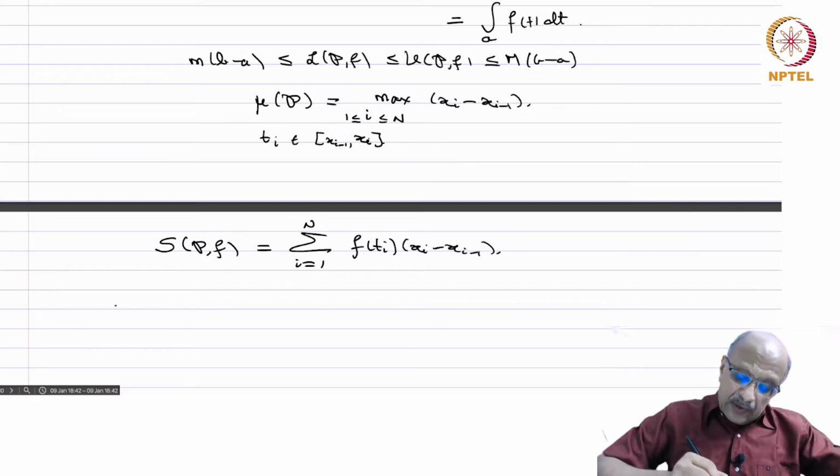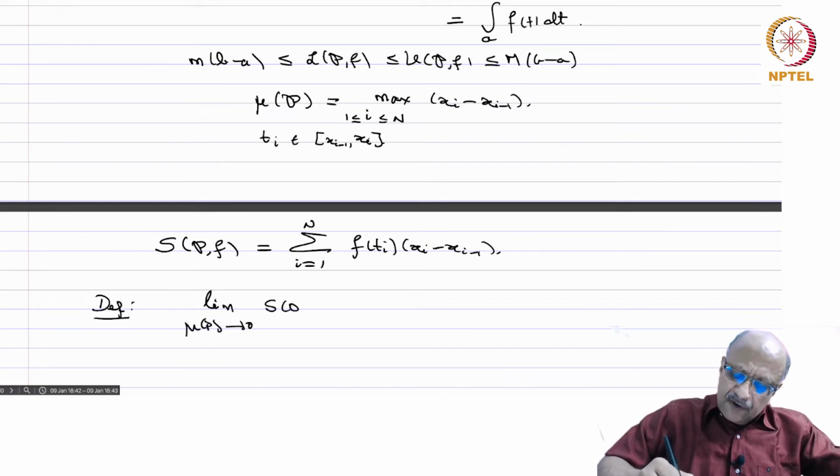So now the definition: we say that the limit of S(P,f) as the mesh of P tends to 0 equals A. What does it mean?